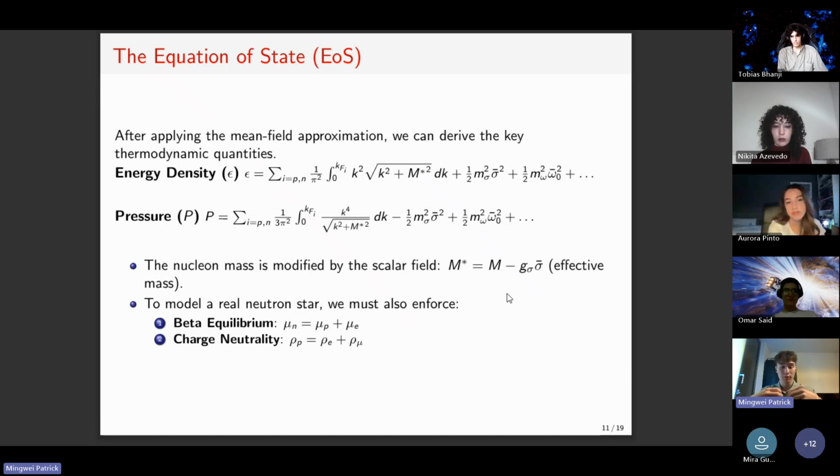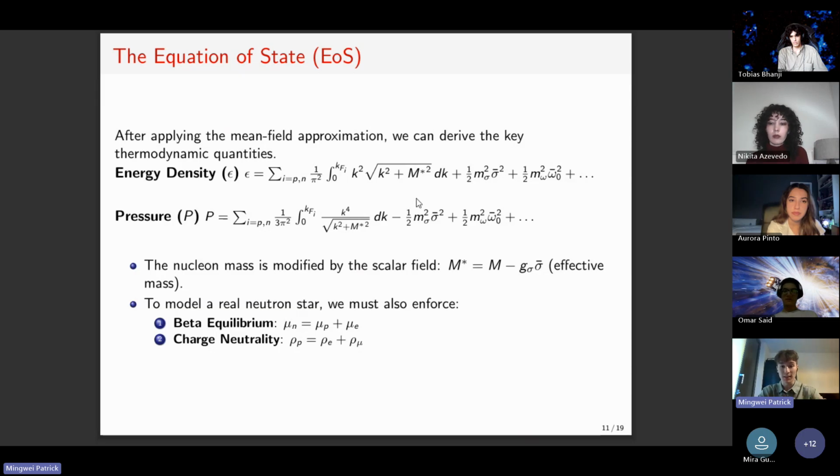And so this incorporates relativistic effects, which is what we said before was really important for our model. And we have some other effects, such as the energy density caused by attraction, repulsion, etc. In the pressure, we have a much more complicated term because remember we're talking about degeneracy pressure, and this first term represents that degeneracy pressure caused by quantum nucleons.